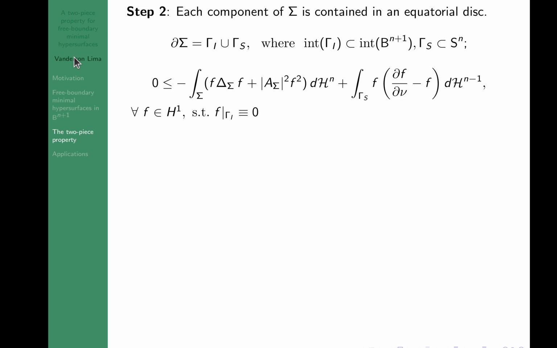So for any function in H1 such that the function vanishes on the fixed part of the boundary, this inequality holds. So what is the idea to prove now that the submanifold is contained in some equatorial disk? The idea is to prove that the submanifold is totally geodesic, and then this follows by a classical result in differential geometry.